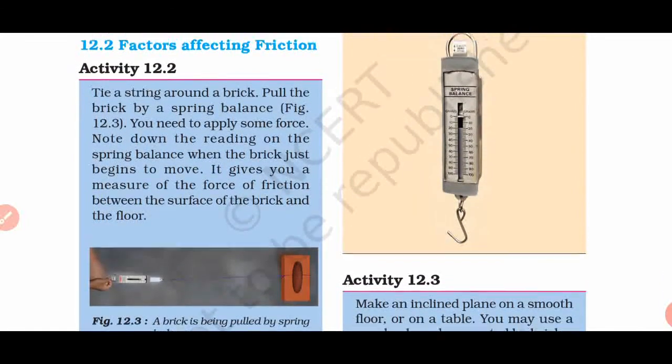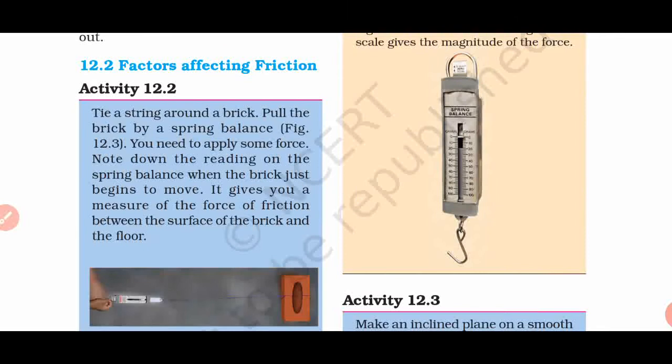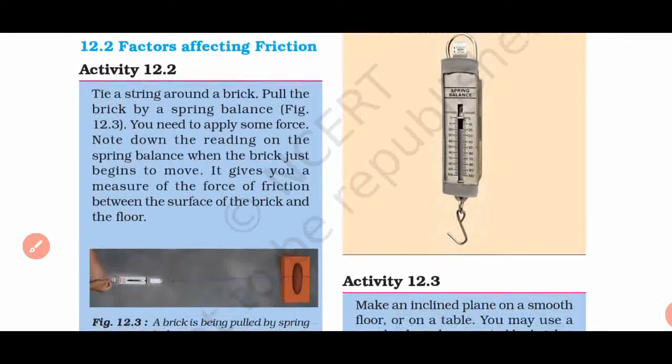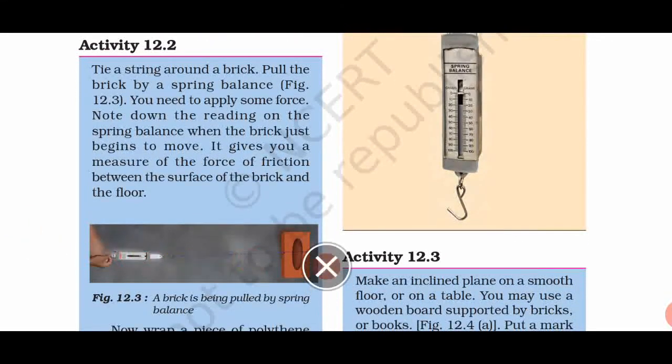In activity 12.2, what you will do is tie a string along a brick. You have to tie a string here. This means that you tie the string to a spring balance. This is a spring balance, a device which measures this frictional force.